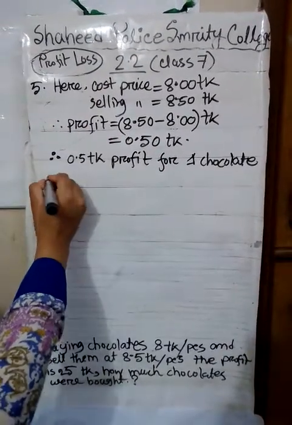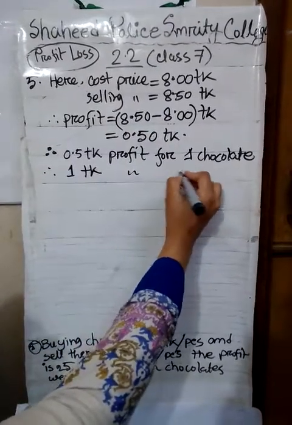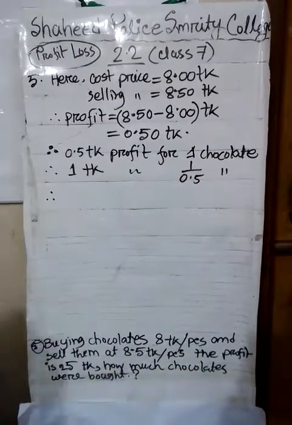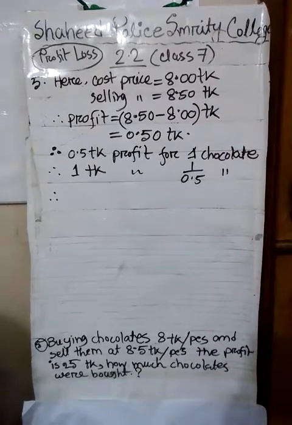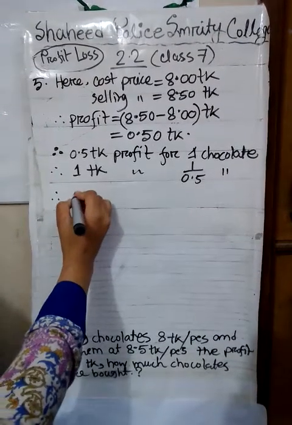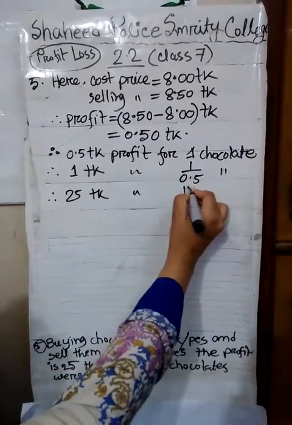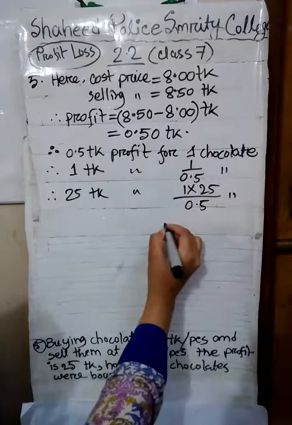So now we have to determine: for 1 taka profit, it is 1 divided by 0.5 chocolate, and 25 taka was the total profit, so how many chocolates were bought? So for 25 taka profit, it is 1 into 25 divided by 0.5 chocolate.